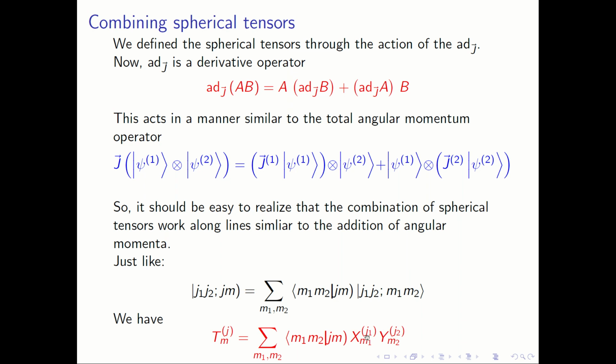So just like you have this, how would tensor operators combine? Exactly the same way. If X were a set of 2j1 plus 1 operators corresponding to a spherical tensor of rank j1, and Y corresponds to 2j2 plus 1 operators corresponding to a spherical tensor of rank j2, and you combine them together, multiply them, of course in the sense in which you multiply operators, by these coefficients which are just complex numbers, or we can choose them to be real numbers as you have seen, m1 m2 jm, and sum over all m1 m2, you end up with a tensor operator of rank j corresponding to the mth component.